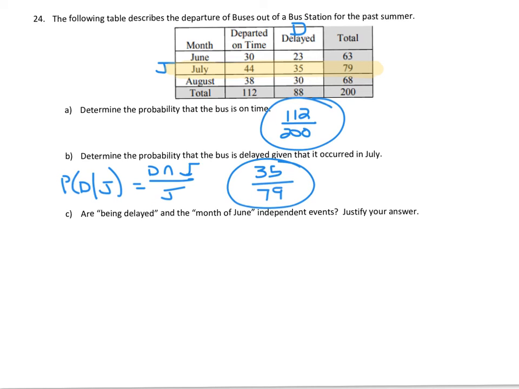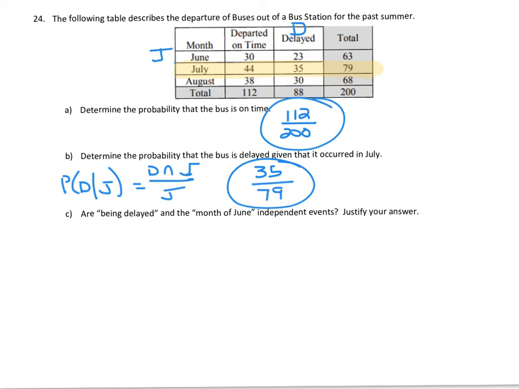Okay, and then finally part C: being delayed. So I guess we'll use a D again for delayed. And the month of June, independent events. All right, so this time, you know what I'm going to do? I'm going to erase my J right here, and I'm going to put the J for June.